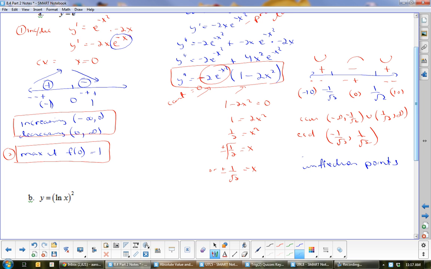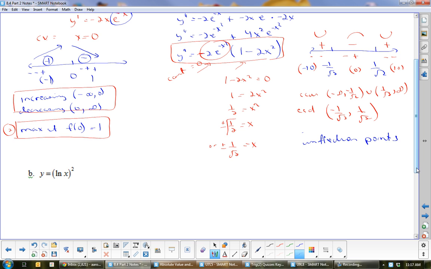So for the inflection points, I'd have to put in f of negative 1 over root 2, because it goes from concave up to concave down, and that goes into the original. So that's e to the negative x squared.